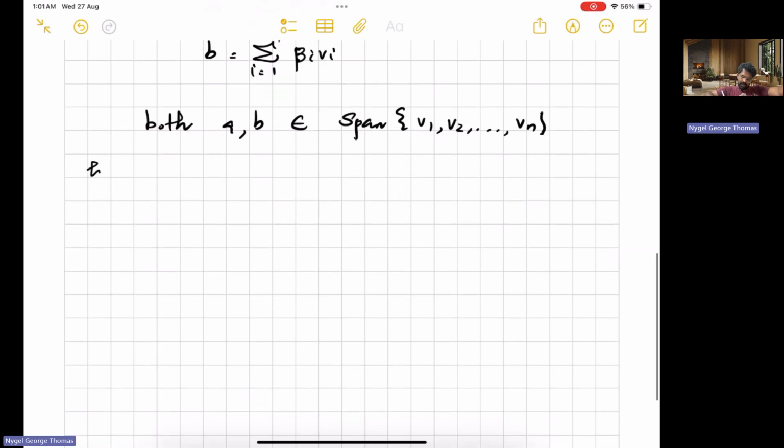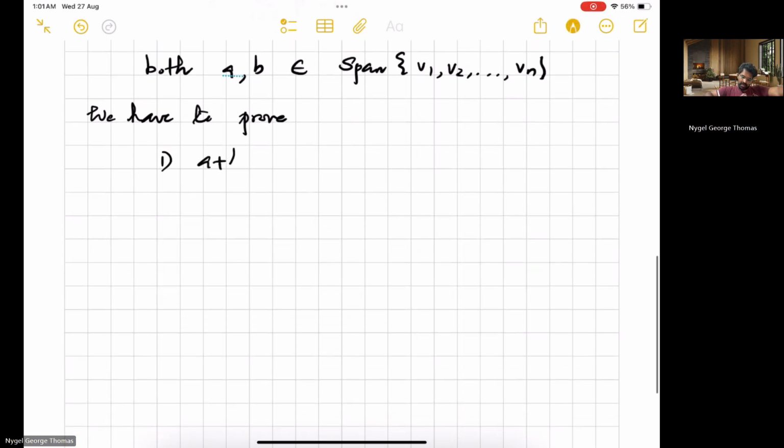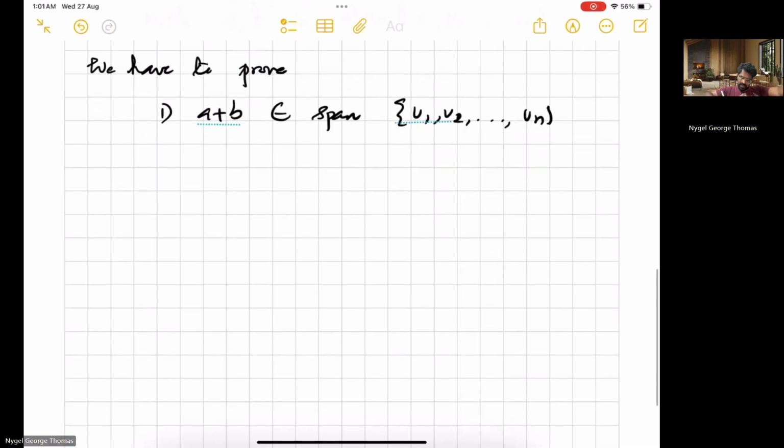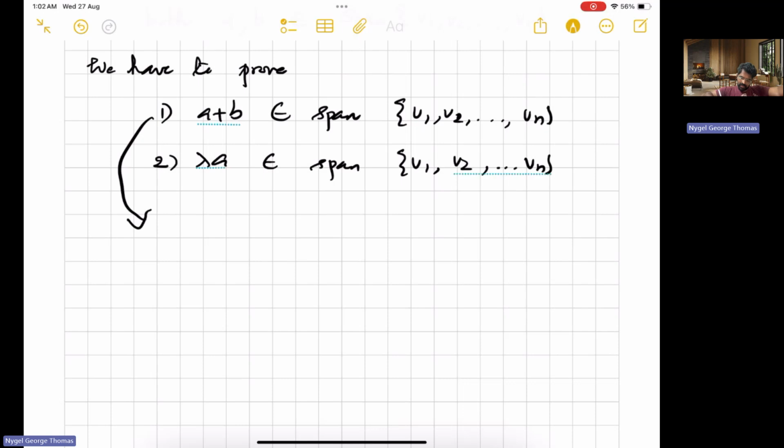We have to prove, one, a plus b belongs to the span of v1, v2, etc., vn. Second, some lambda times a belongs to the span of v1, etc., vn.